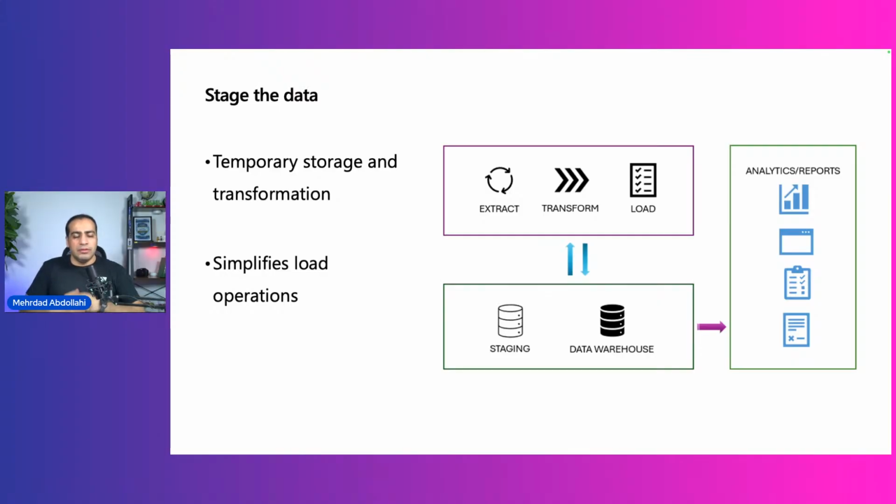Then you can transform it in your silver stage. And once you're happy with everything, with the fact tables and dimension tables, all those denormalizations that are going to happen in your warehouse, then you can load it to your gold layer.